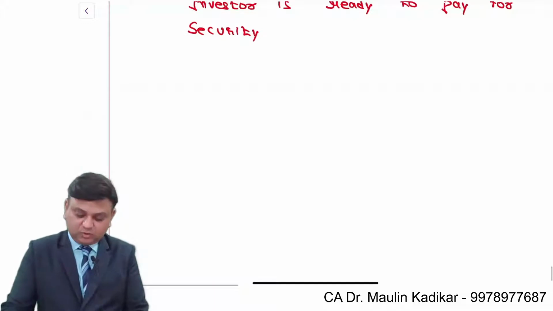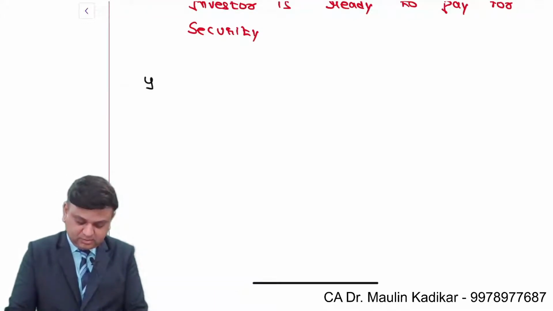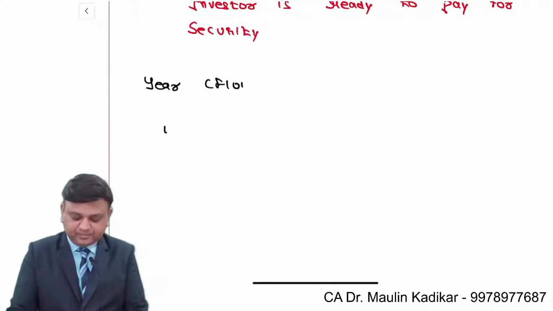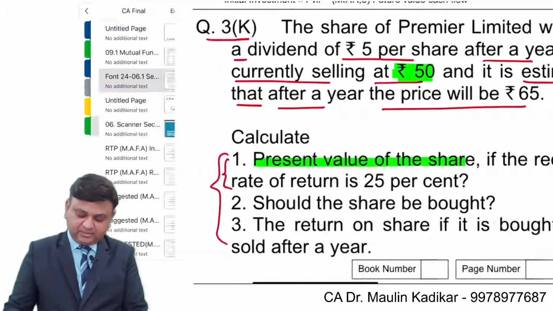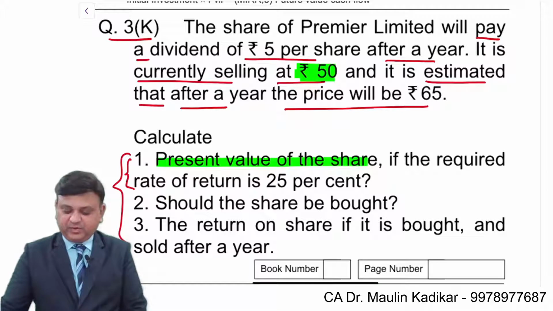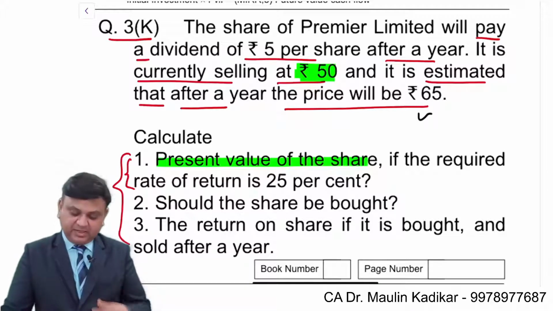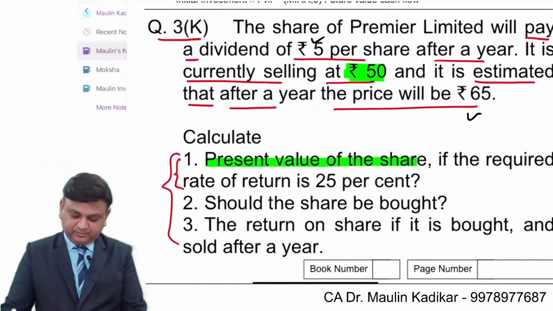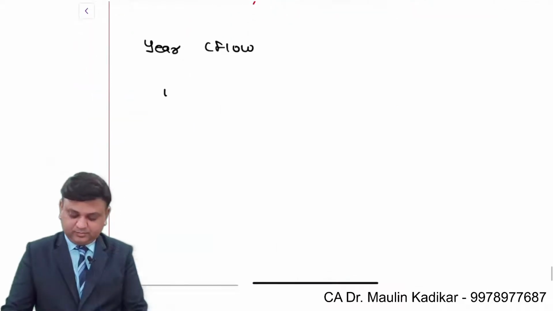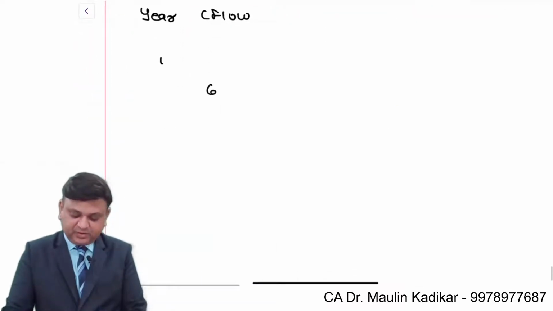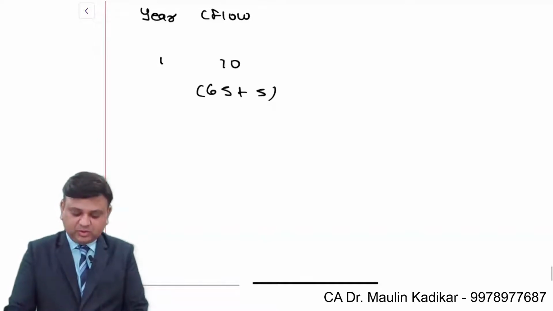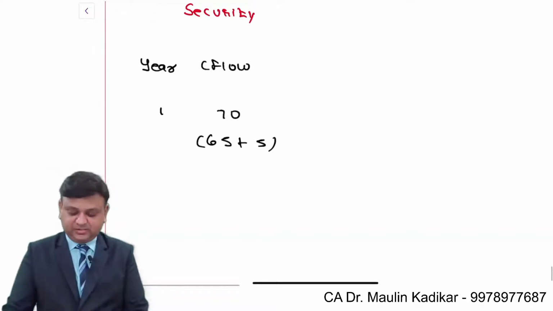Let us see how to calculate the answer. It is the year 1 cash flow. In that, 65 rupees is P1 and the dividend is rupees 5. So the total amount of the cash inflow is 70 rupees.